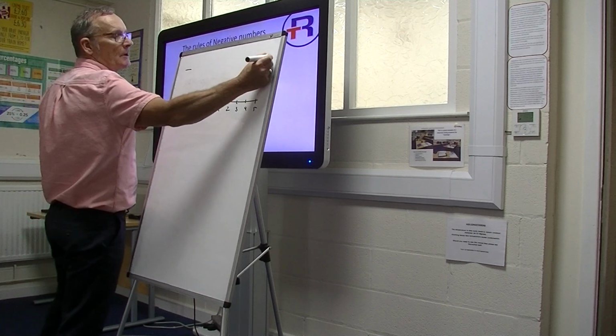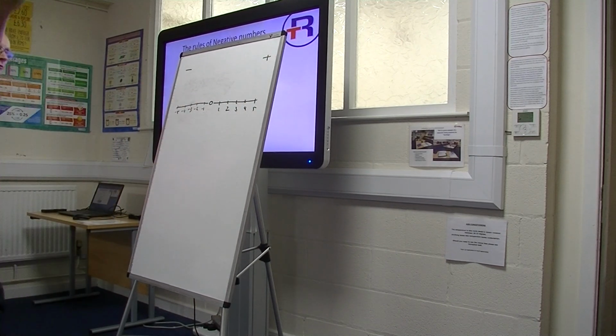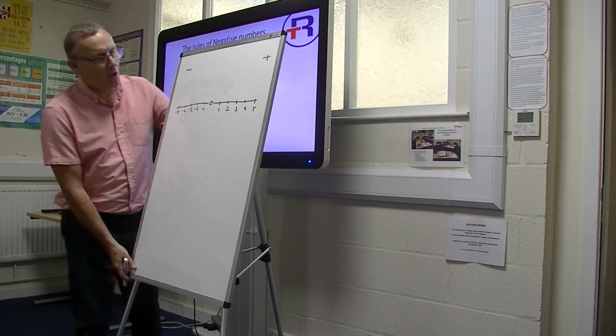Your positive numbers are always on the right hand side. And if you want to count between the two, you just move backwards and forwards along the line. Nice and straightforward.